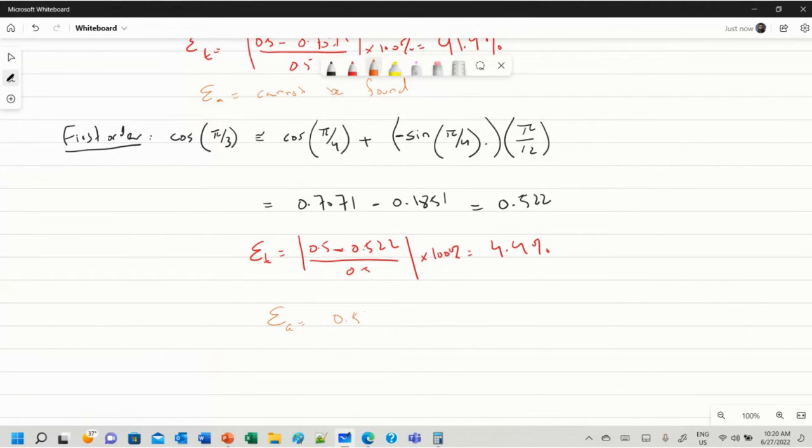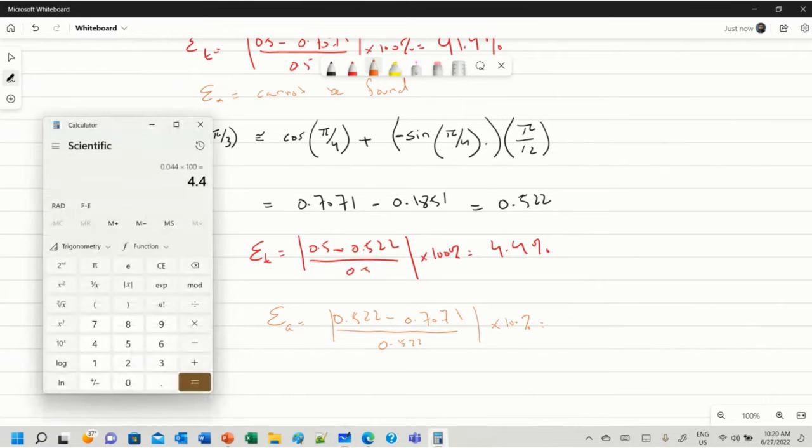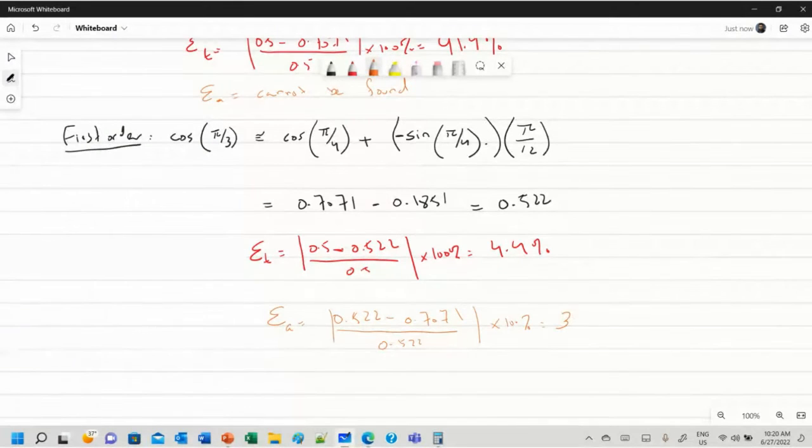So it's 0.522 minus 0.7071. That's 35.5. I'll just write it. So that's the first order value.